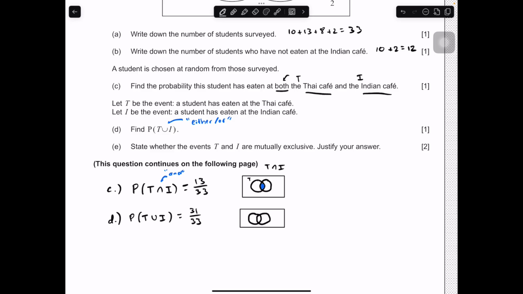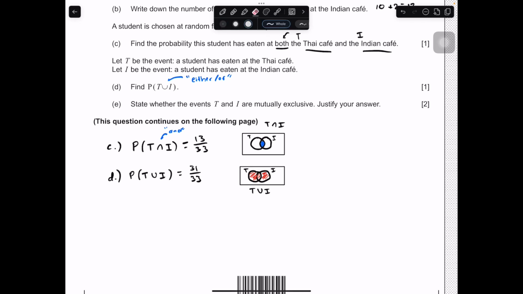I should probably label this T and I. In that case, who has eaten at one or the other? Well, these people have eaten at both. These people have eaten at least at one of these. And the Indian cafe, these people would have eaten at the Indian cafe. So this right here is Thai or Indian. Essentially it's asking who has eaten at least at one of these, at either the Indian or the Thai, or even at both. That's the easier condition to satisfy.